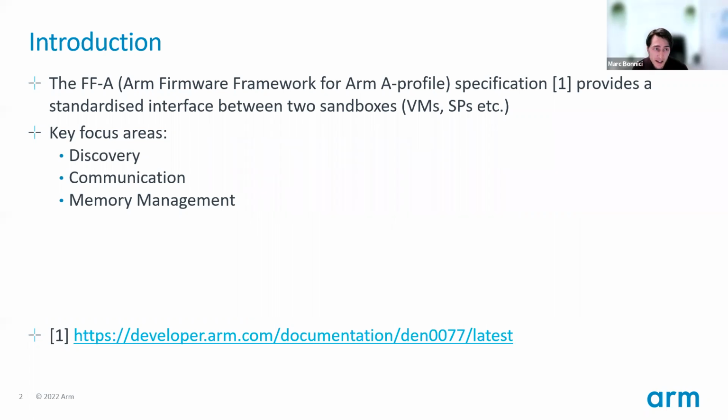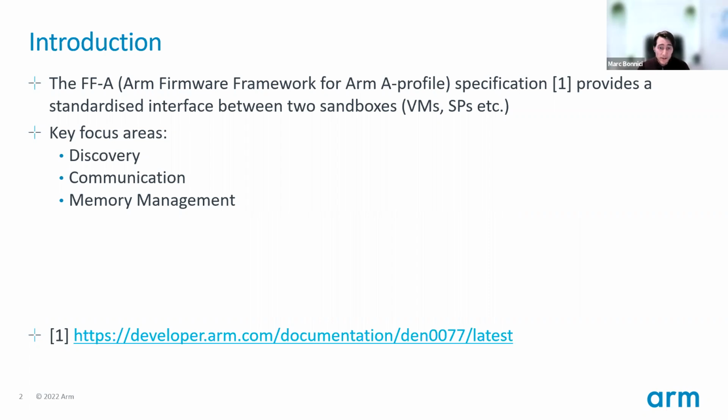So FFA is the firmware framework for the Arm A profile, and it's a specification that is aiming to provide a standardized interface between two sandboxes, for example, VMs or SPs. The interfaces that we aim to provide a consistent experience for are in three key areas.